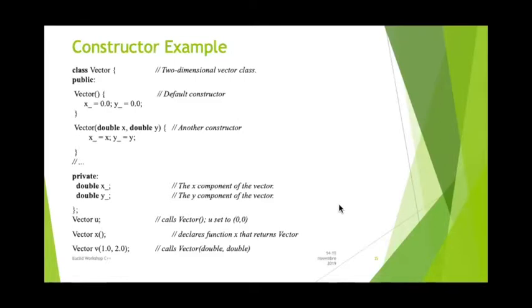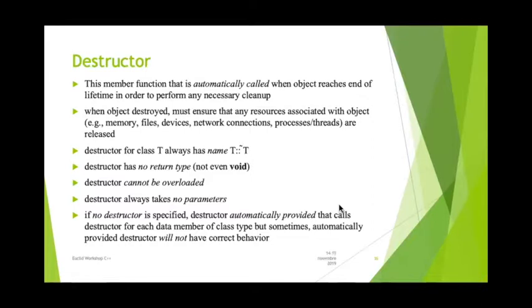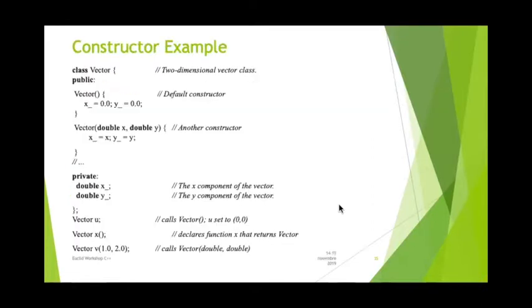Then the second one, vector x with parentheses, declares a function x which returns a vector. The last line, vector v1 with 1.0 and 2.0, invokes the second constructor, where x equals 1 and y equals 2. You can call this function x afterwards.